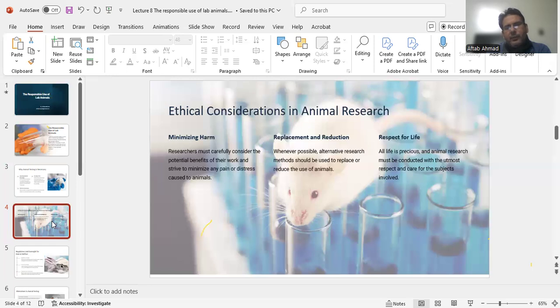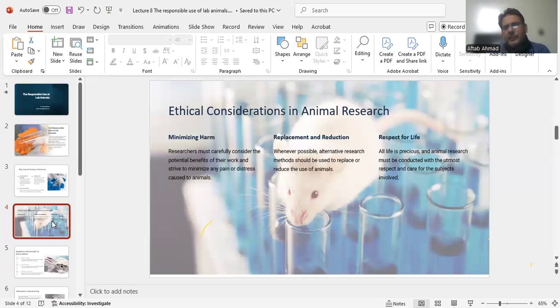Then there should be a focus on replacement and reduction. We can replace animals wherever we can. We are going to learn in our future slides how we can replace the animals and how we can reduce the number of animals. By carefully planning, we can definitely replace some studies, and in a whole slide we'll see how to replace animals and reduce their numbers.